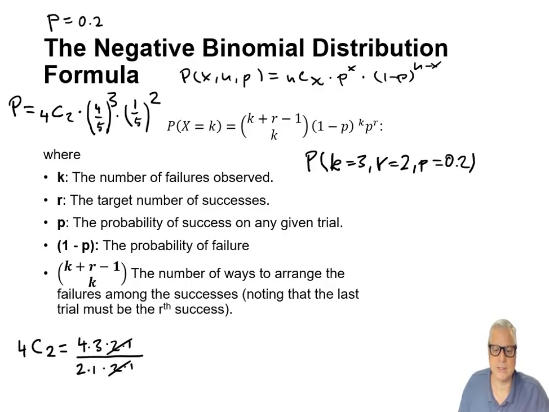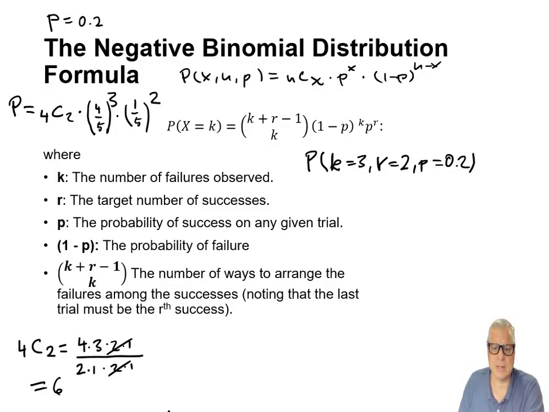That cancels out, so we have 12 over 2, so the first term is 6. So there are 6 ways to miss among 4 penalty shots, or basically 6 ways to score 3 goals in 4 penalty shots. So here we have 6.